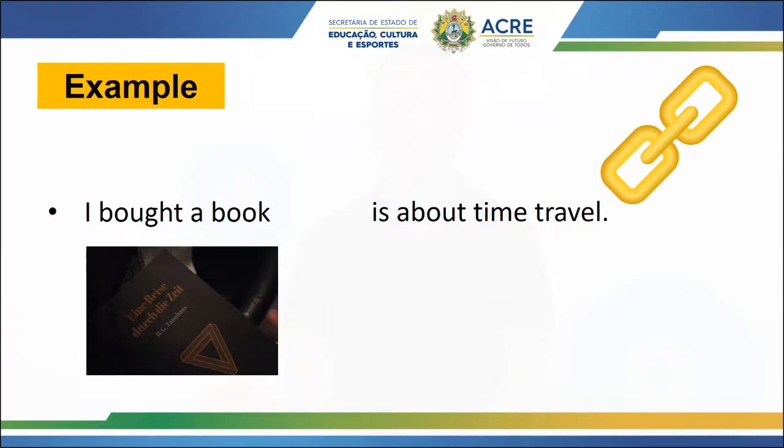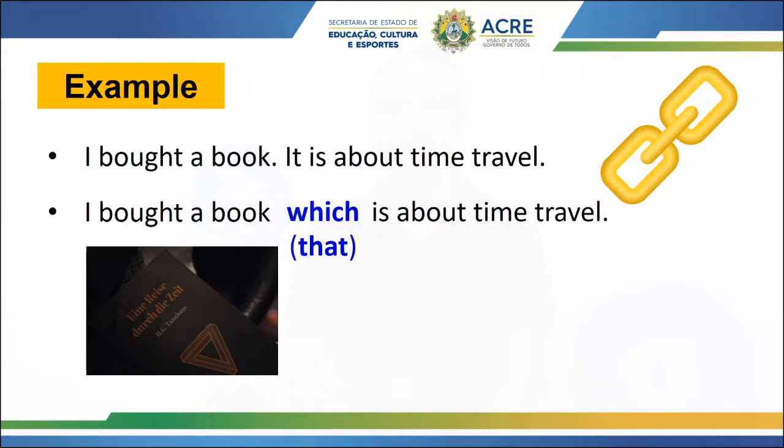And then we are going to use the relative pronoun which to connect the 2 sentences, all right? So now we have, I bought a book which is about time travel, okay? And of course, remember, we can always use that. Again, check the sentences before, how they were, and now we have just one sentence combined.